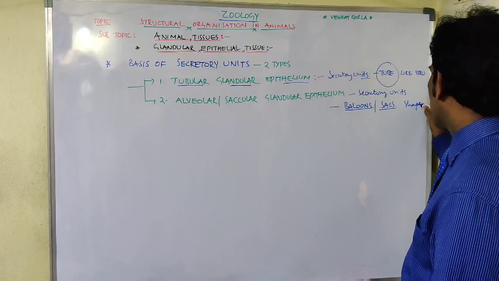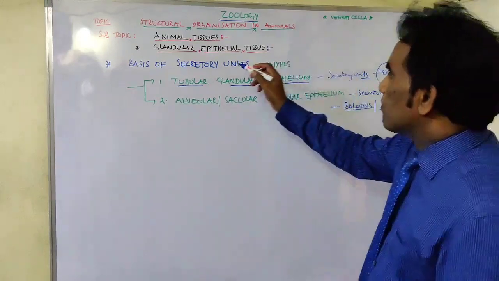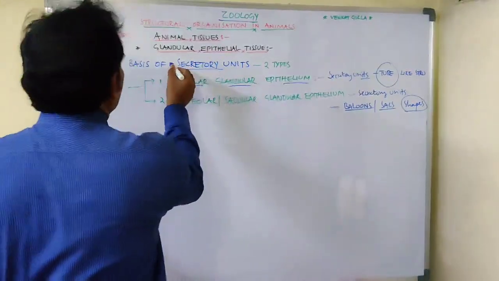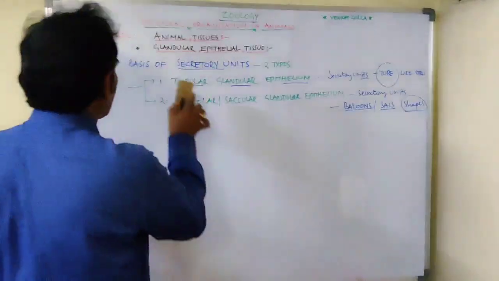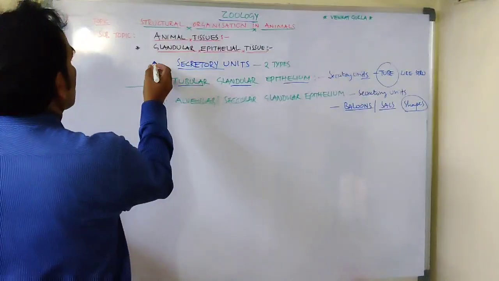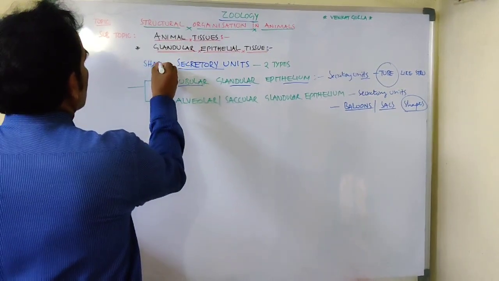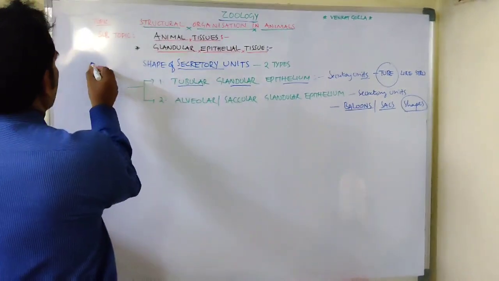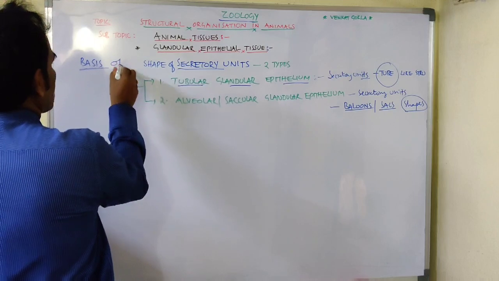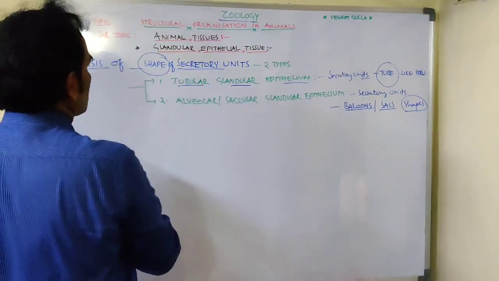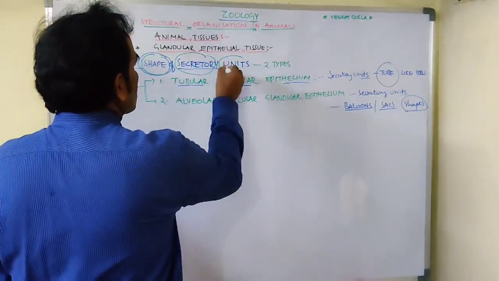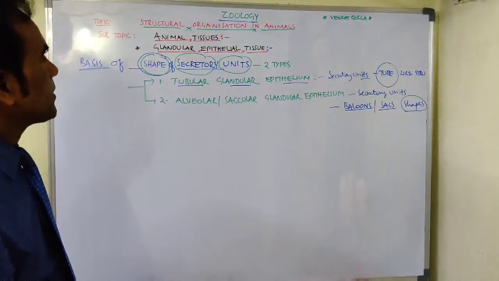So on the basis of the shape of secretory units, as we learnt earlier, glandular epithelium is of two types.